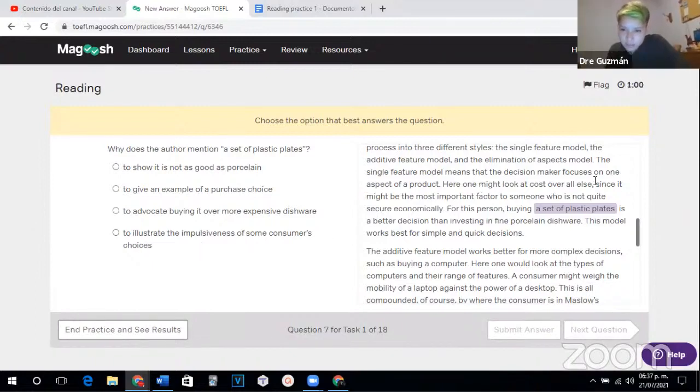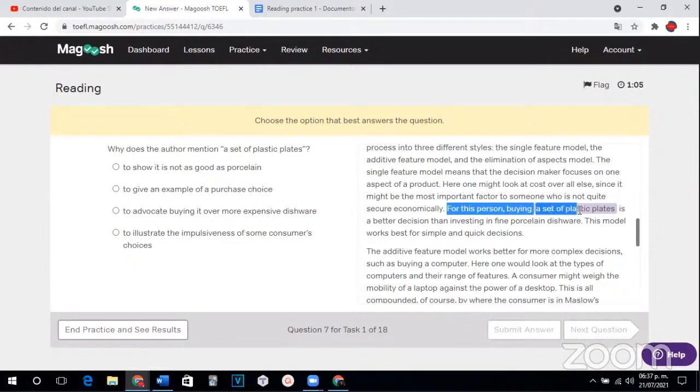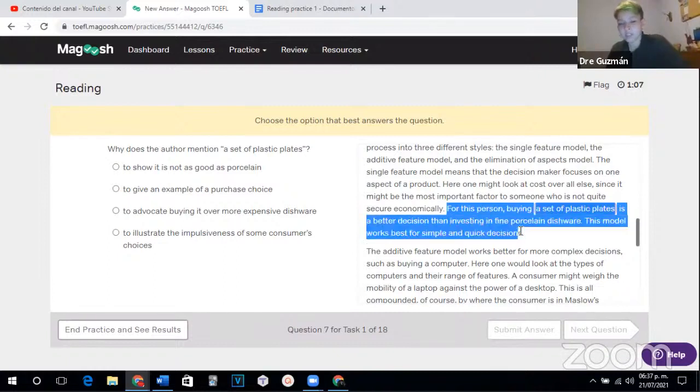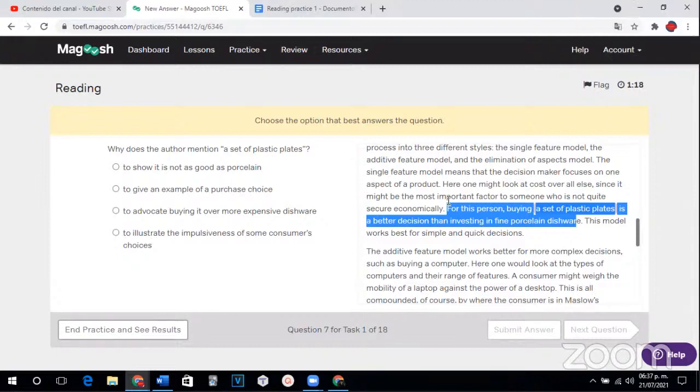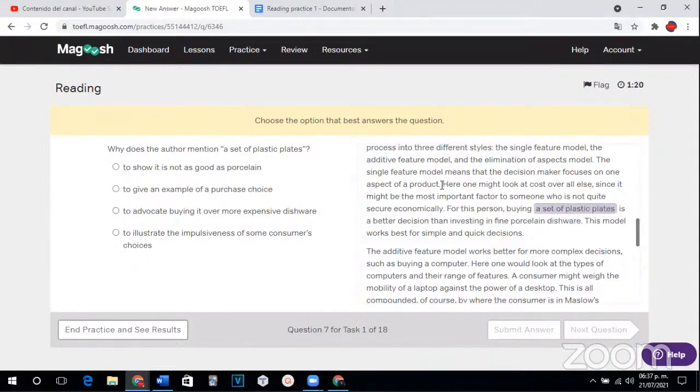Let's look at the context. For this person, buying a set of plastic plates is a better decision than investing in fine porcelain dishware. One look at cost over all else. Do you think it talks more about impulsiveness though? Or what are we talking about in the context beforehand?